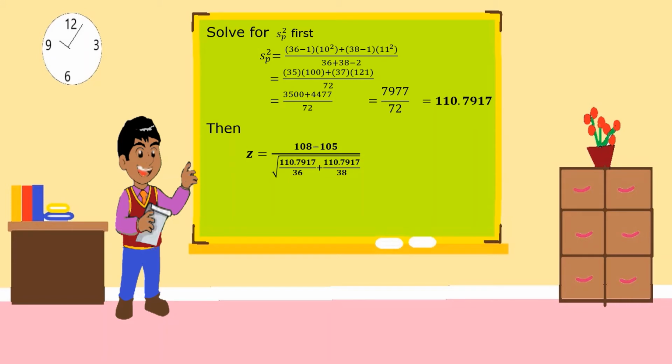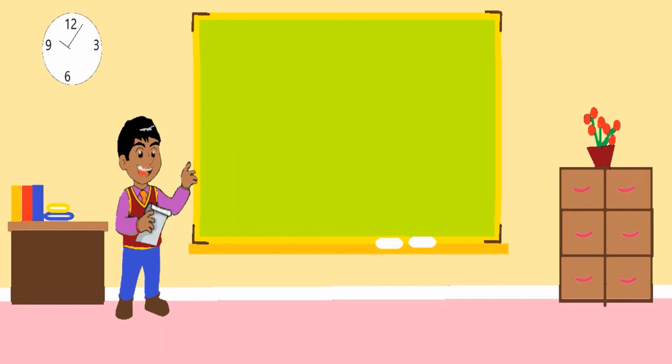So our z is equal to 108 minus 105 all over the square root of 110.7917 over 36 plus 110.7917 over 38. Then we come up with 3 over the square root of 3.0775 plus 2.9156. Then we have 3 over the square root of 5.9931, and the square root of 5.9931 is 2.4481. That's why we have 3 over 2.4481, and it is equal to 1.23.